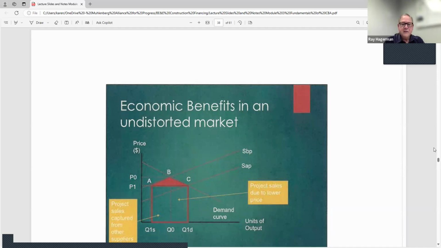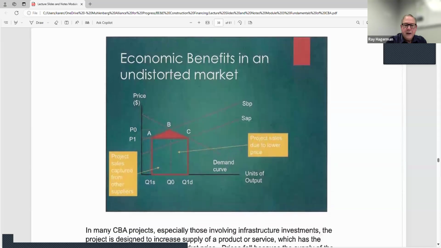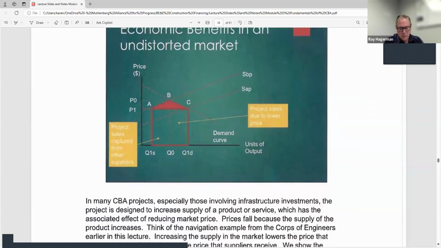I'm not going to spend a whole lot of time with any of these charts for the next probably 4 or 5 slides, but just suffice it to say, ding, ding, that you may see this particular graph again. In this particular case, what we're seeing with the ABC triangle, you see it sitting on top of what we consider the gross benefits.